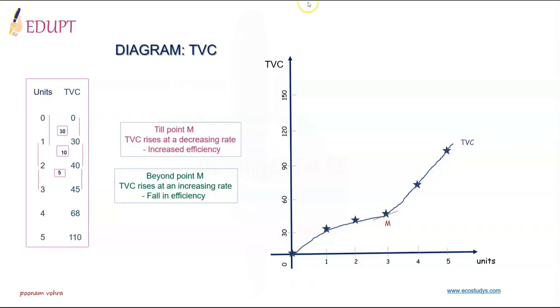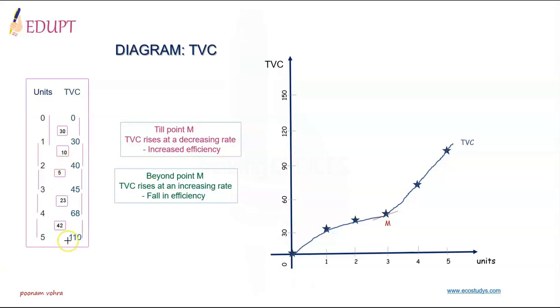With further increase in production to 4 units, now total variable cost has increased from 45 to 68, showing an increase of 23. And finally, with further increase in output to 5 units, total variable cost now increases from 68 to 110, implying an increase by 42.